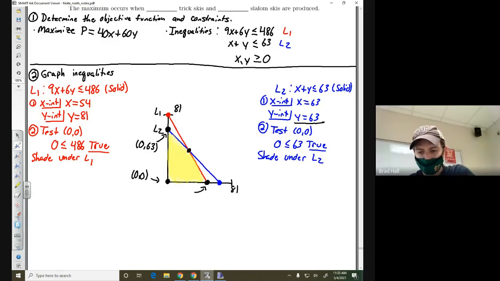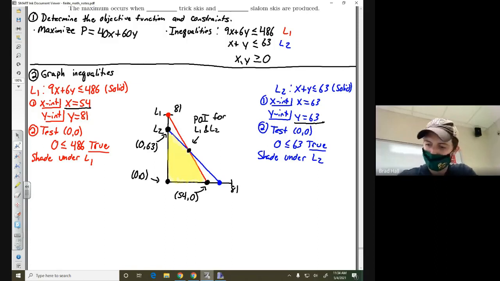If we trace that line up, we see that that line is L1. So that's the X-intercept for the first line, which is 54. And then finally, there's this point of intersection for what seems to be L1 and L2.